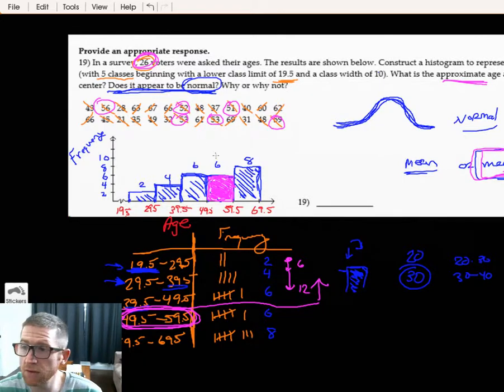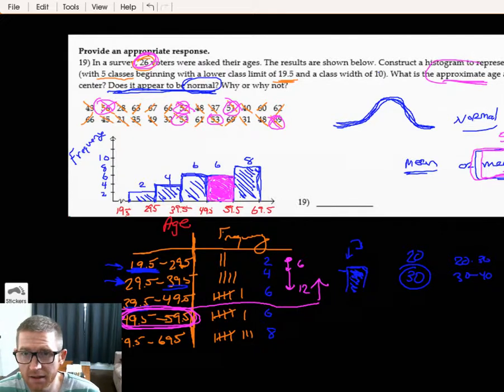Then take the average of the middle two numbers. 51 is the lowest, 52 is the second lowest, 53, 53, 56, 59. So 59 and 56 are the two highest, and the middle two numbers of this middle group are 53 each. So the actual median of this data is 53.